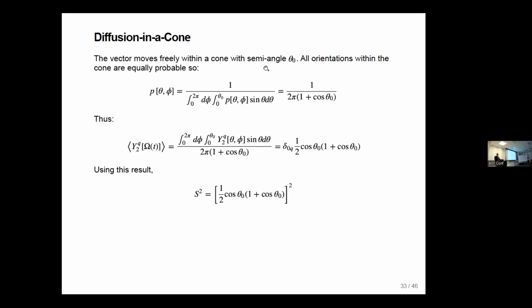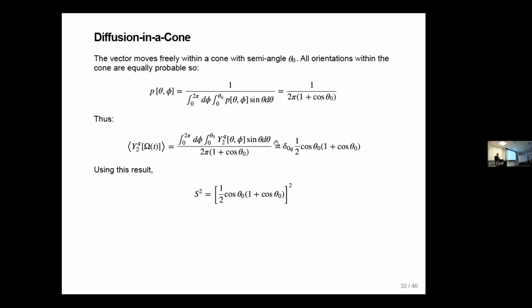So here's probably the most common model. The bond vector can move freely within a cone. The walls of the cone are rigid and reflecting, so when the bond vector hits the wall, it just bounces off. In that case, the probability distribution is just 1 over the volume contained inside the cone.